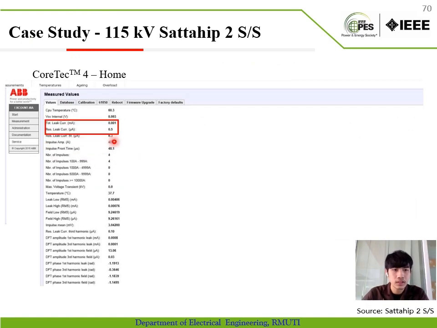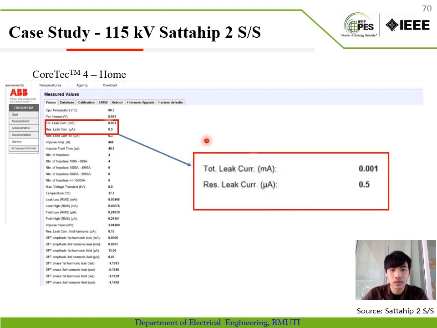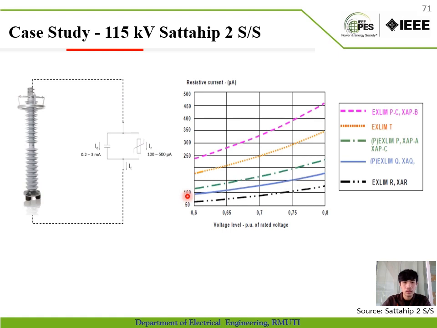And this is the positive electric current of 488 impulse amplitude. And it shows electric current at 0.5 microampere. And we will take the positive electric current to compare with the maximum recommended resistive current.